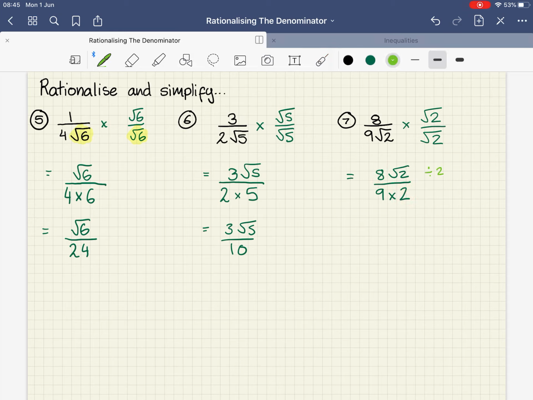So I'm going to divide them both by 2. And given that I'm doing 2 divided by 2, that is just going to happily cancel out there. So now I'm going to have 4 root 2 over 9.